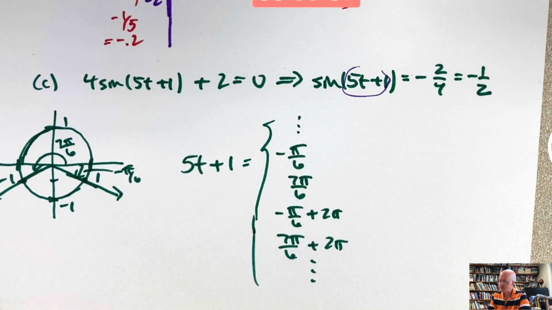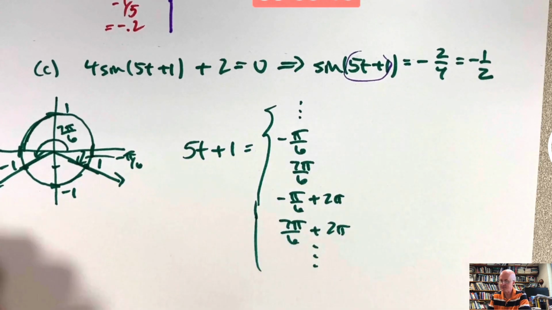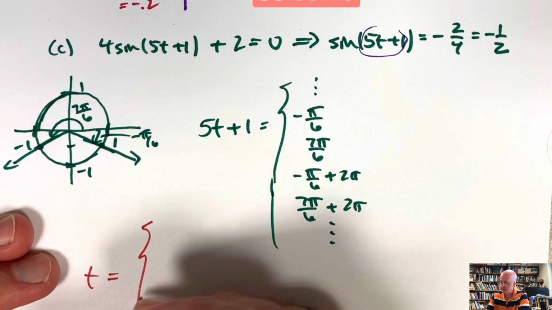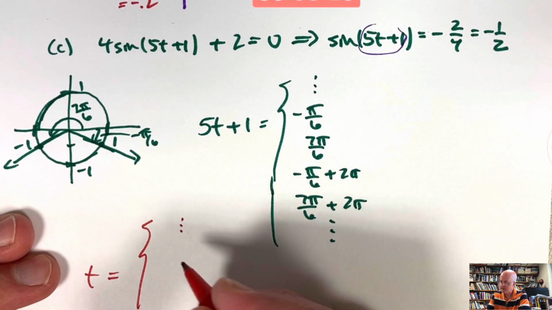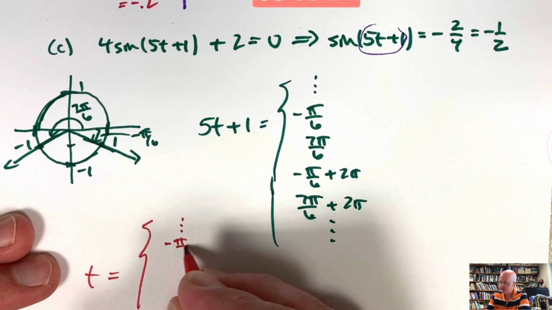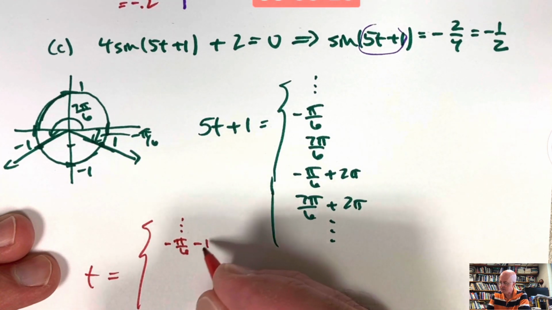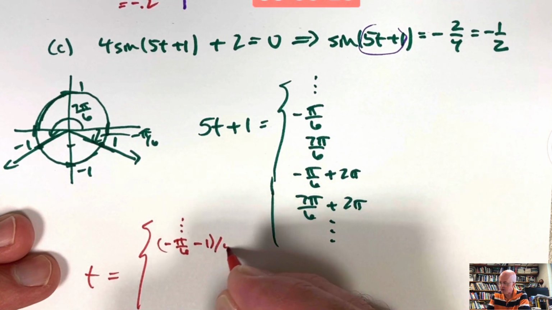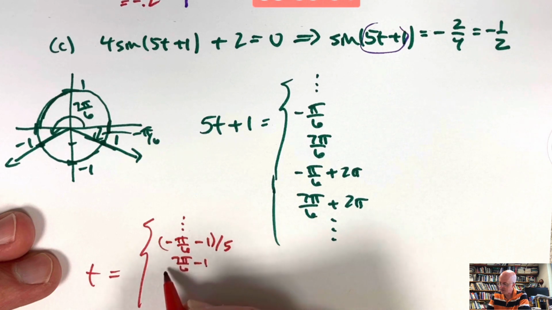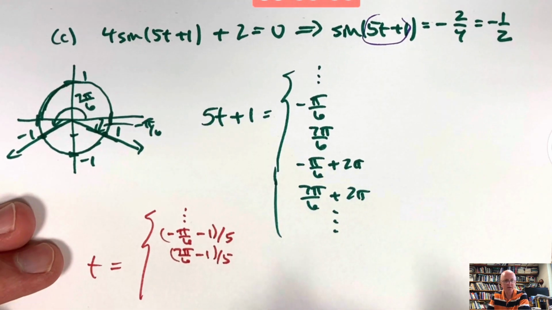To solve for t, just subtract 1 and then divide both sides by 5. Infinitely many values. Subtract 1, then divide by 5. Okay, negative pi over 6 minus 1, all divided by 5 would be one of them. 7 pi over 6 minus 1, all divided by 5 would be another.